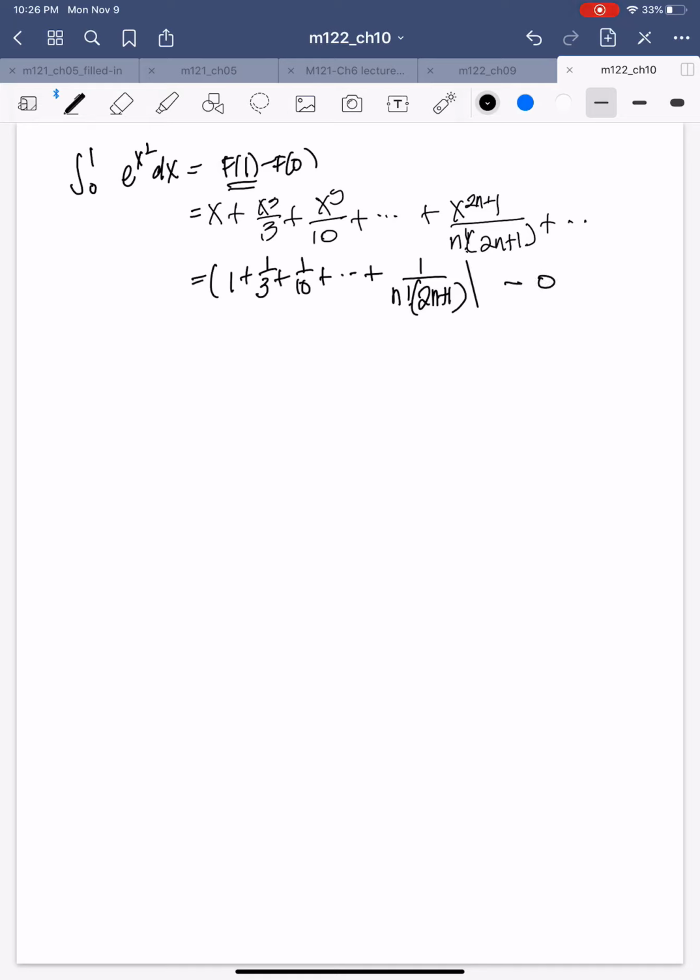Minus 0, because if I plug in a 0, this will be 0. 0 divided by 3 is a 0. 0 divided by 10 is 0. 0 over anything is a 0. So all I have to do is simplify this. 1 plus 1/3 plus 1 over 10. The next term will be 1 over 42. The next term will be 216 and so on.